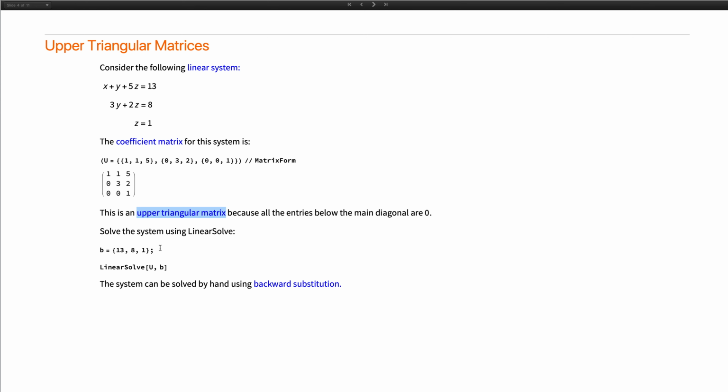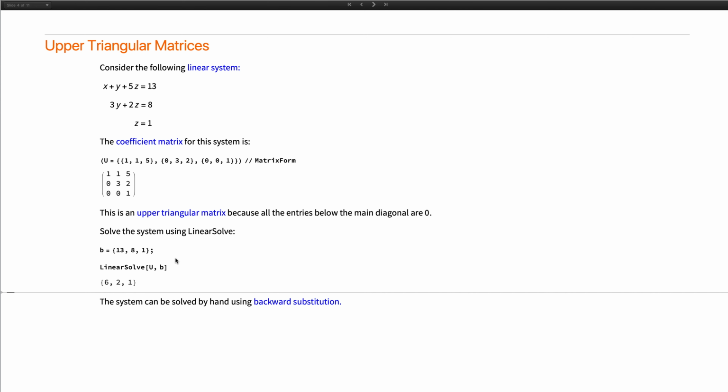When you want to solve it with LinearSolve, you first set up the vector B, which is 13, 8, 1. And then LinearSolve gives you 6, 2, 1. But of course, the 1 could have been guessed from here itself. And once you have the 1, then you can work out the value of y, etc. So this is a very easy system to solve by hand using backward substitution.